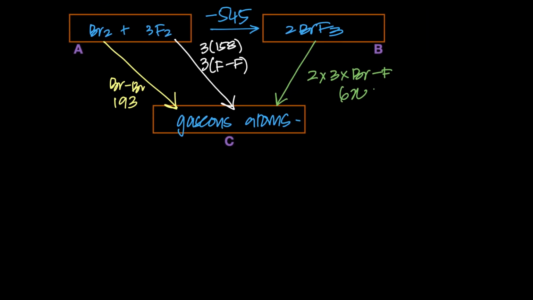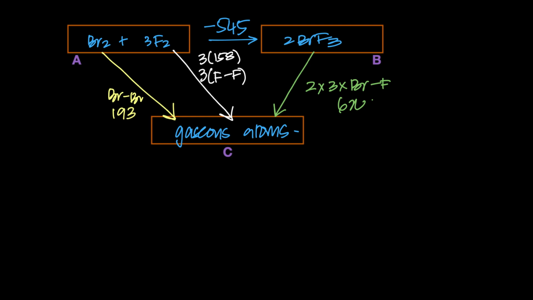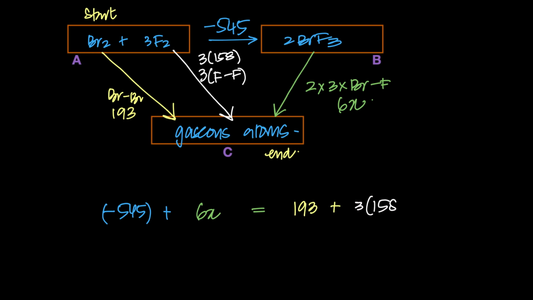Now that you have that, you solve it like a normal Hess cycle, because you're going to have a start box, which is A, and an end box, which is C. You can go from start to end, which is A to B, which is minus 545, and from B to C, which is 6x, equals A to C, which is 193 and 3 times 158.